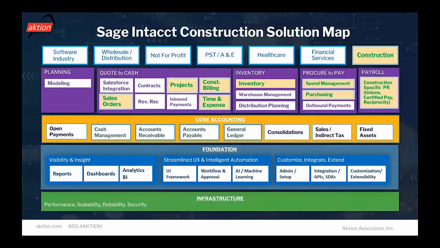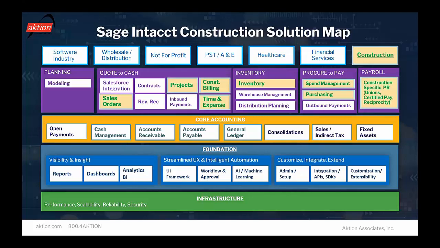So here, the other thing I always like to bring up is when you hear of Intacct, a lot of people might say, well, Intacct's a new system, and that's far from the truth, to be honest with you. Intacct's been around since 1997, and it's had all of these modules there. The newer portion, I should say, within the last 5 years is really building out on the construction side. So as you see these certain fields like the construction module, inventory, spend management, purchase, you see how those are different colors.